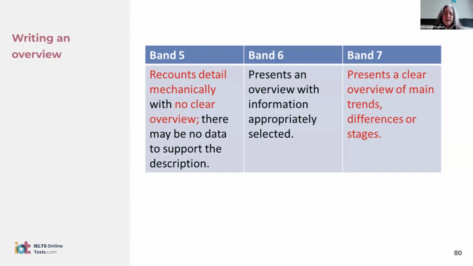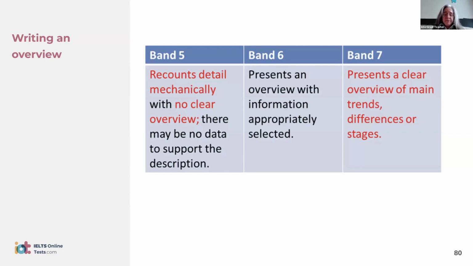So what this is telling you is that in order to get band 6 or above for task response or task achievement, you must have a general overview. If you do not include the general overview, the highest score that you can get for task achievement or task response is band 5, regardless of how well you address the task in other ways.